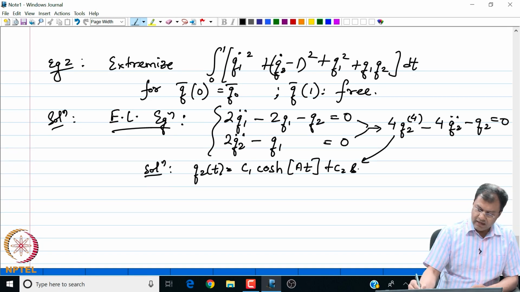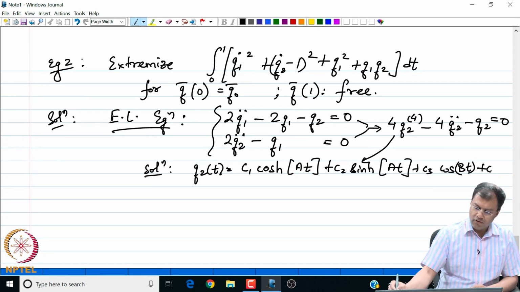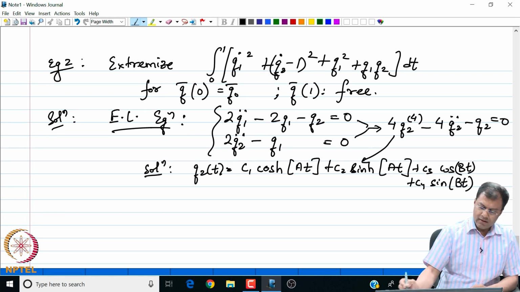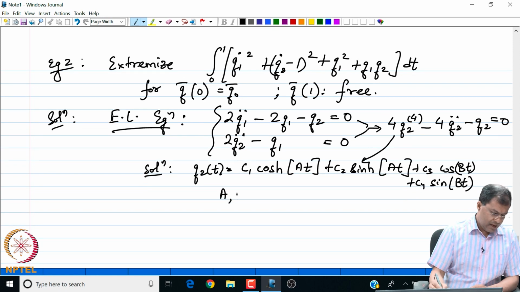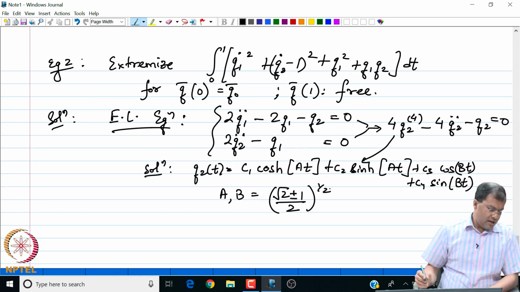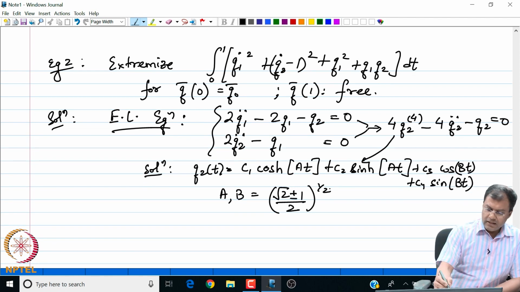Let me write this entire expression: sinh of at plus c3 cos of bt plus c4 sin of bt, where a and b are these constants, square root of 2 plus minus 1 by 2, to the power 1/2.